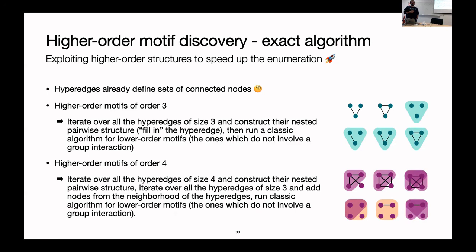Let's say from a motif of order 3 you want to build up to a motif of order 4, and you only take motifs of order 4 that have inside them the structure of the most common motifs of order 3. Oh, okay, I get it. You want to speed up the computation. Yeah, in a way, you just consider the most common motifs of lower order and build from the already established ones to higher order.